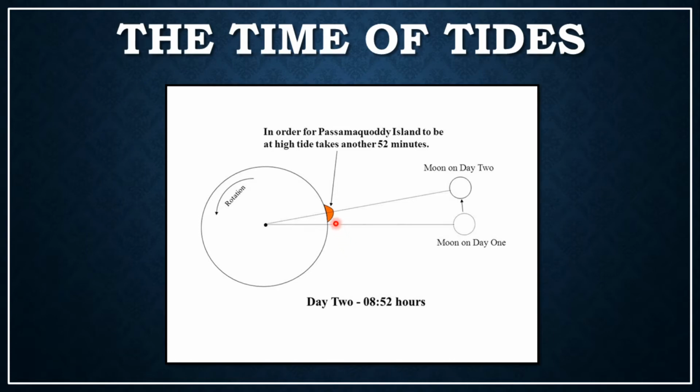So if a high tide has occurred at this point, suppose the high tide has occurred at this point on the previous day, the next high tide will occur after 12 hours. So the next high tide, when it will occur at this point, will have a difference of 52 minutes.